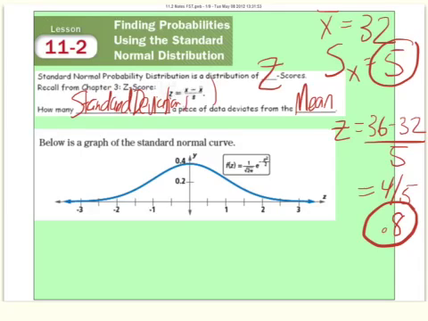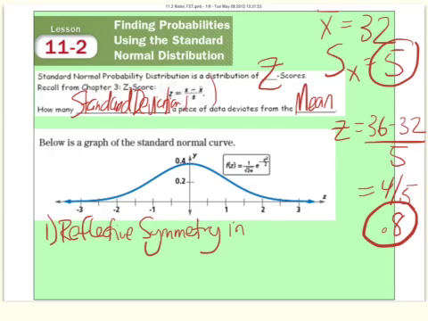Now, this curve here is very important. I need to tell you a few special properties about it, and you'll want to jot this down. First thing you want to know is that it has reflective symmetry in the y-axis, because it is actually an even function, by the way. It reflects over the y-axis.